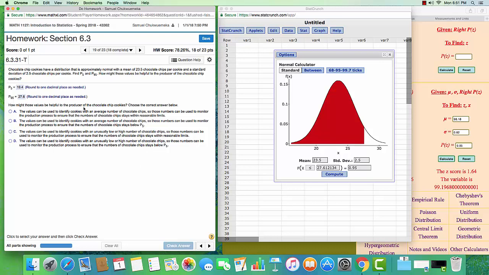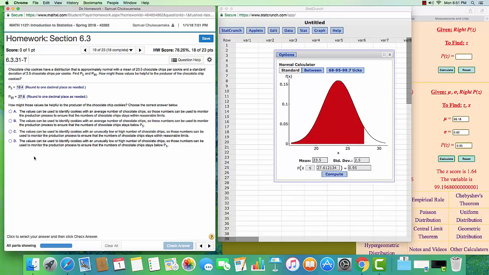Well, let's read these options and see which one. But I think, as I'm looking at it, C makes more sense. A, the values can be used to identify cookies with an average number of chocolate chips. So those numbers can be used to monitor the production process to ensure that the numbers of chocolate chips stays within reasonable limits.